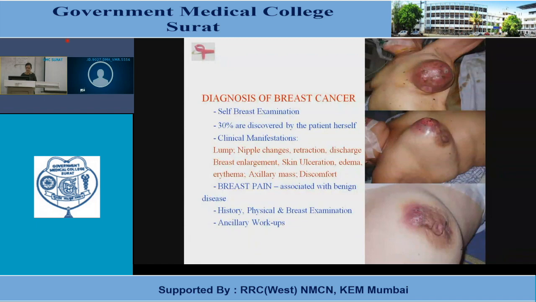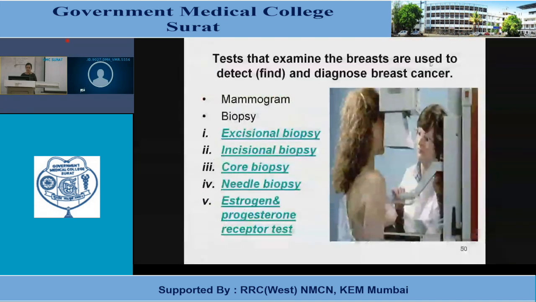History and physical breast examination is the best way to diagnose breast carcinoma. Then there are ancillary workups. The tests that examine the breasts are used to detect and diagnose breast cancer. The second one is the biopsy.